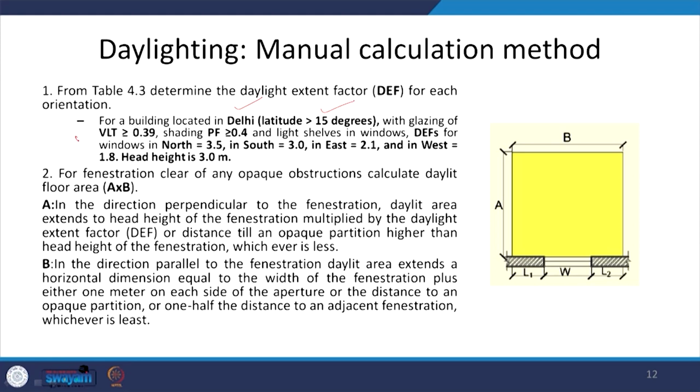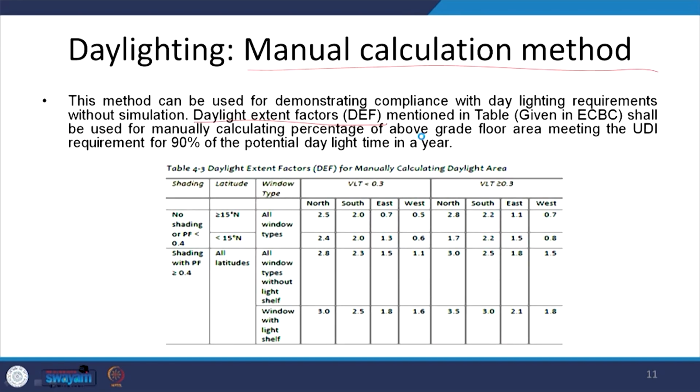Next, we have to know the VLT of the glass. The VLT of the glazing for this window is 0.39 here. This window also has a projection, an overhang, and the projection factor of it has been given to be 0.4. So, these are the basic components which we require: the latitude, the VLT, the projection factor, and then we calculate the DEF based upon the table from the ECBC.